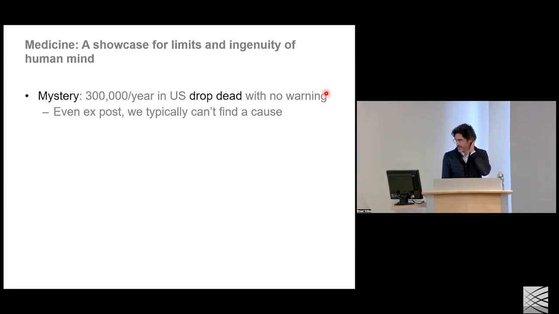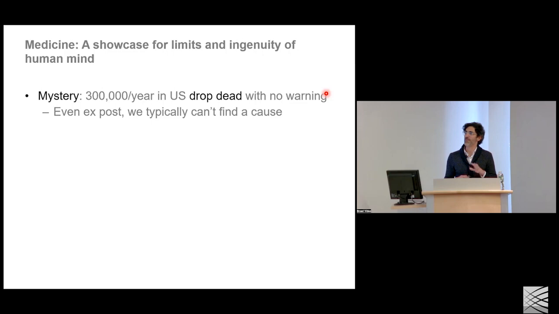You don't have to practice medicine to know that the science on display in medicine is amazing, showing the amazing things that human minds can do, and also really dumb things and things that are incredibly frustrating.